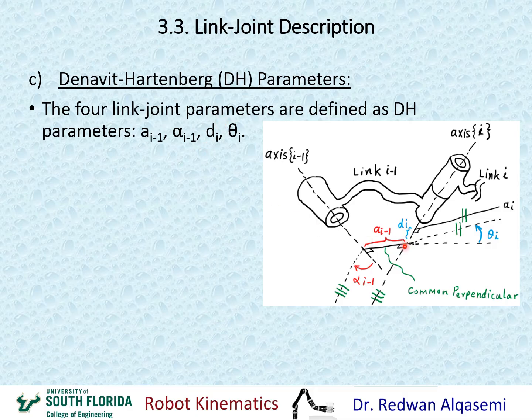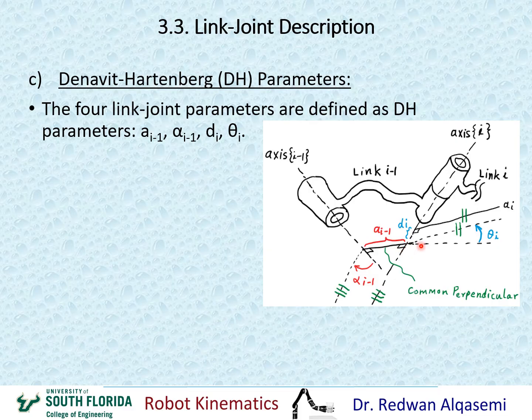And then finally, if we look at this common perpendicular right here, and this line that extends the common perpendicular for a_{i-1}, these two lines, and we look at the angle between them.